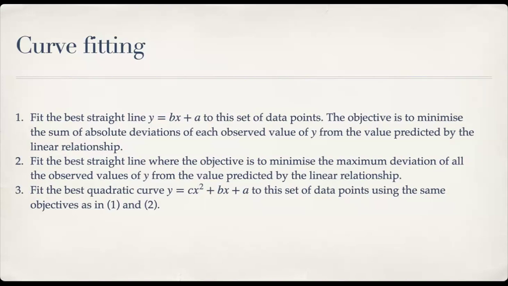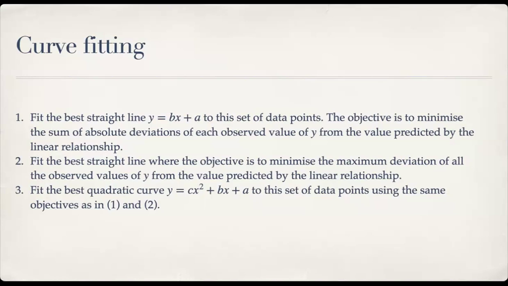And the second one is we want to fit the best straight line like this, y equals bx plus a, where the objective is to minimize the maximum deviation of all the observed values of y from the value predicted by the linear relationship. You see that once we predict the straight line, we have deviation, right?